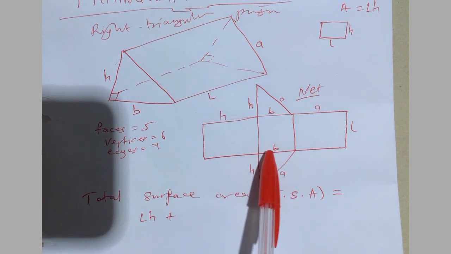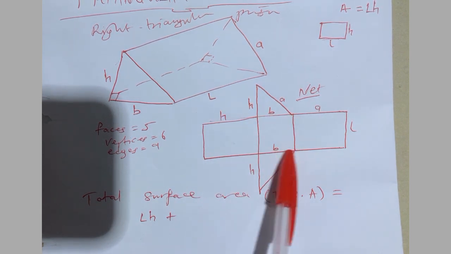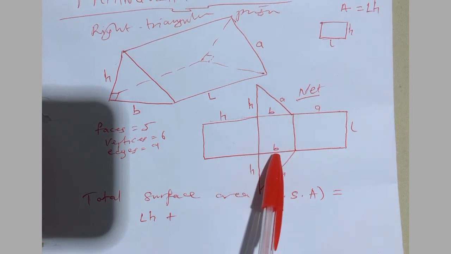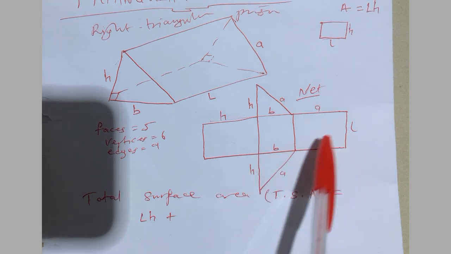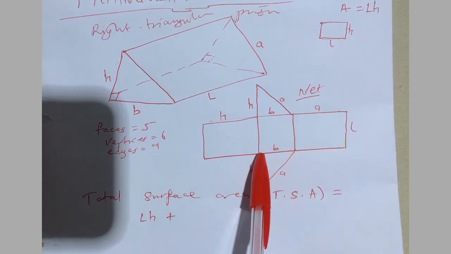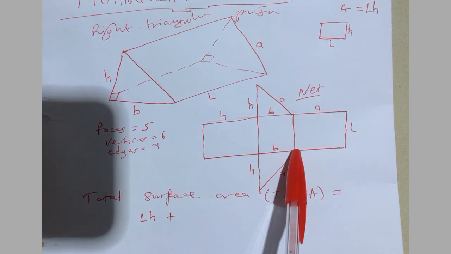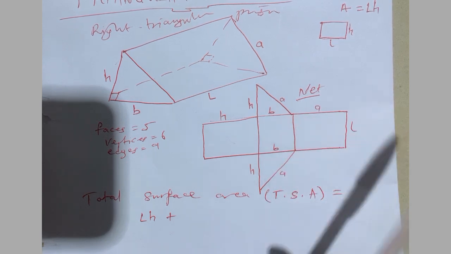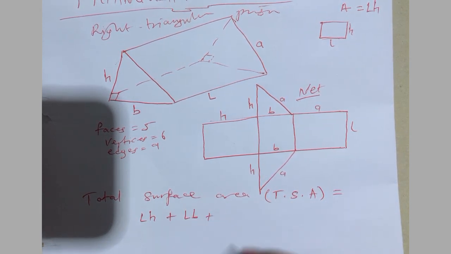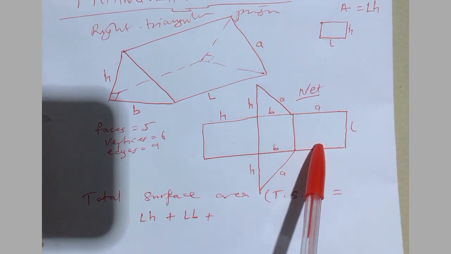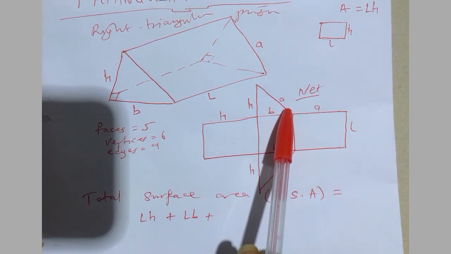And then also, we're going to consider the area of what? This quadrilateral. The area of this is going to be LB, right? This side, B times this, which is L. Here is the same as here. So that is LB plus this quadrilateral, this one.